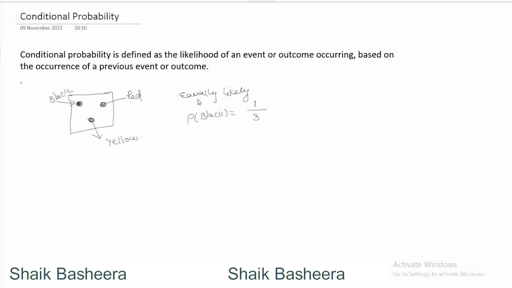Now I am going to make sure that the black ball that I have taken is not replaced in the box. It means the box now has only the red ball and the yellow ball.